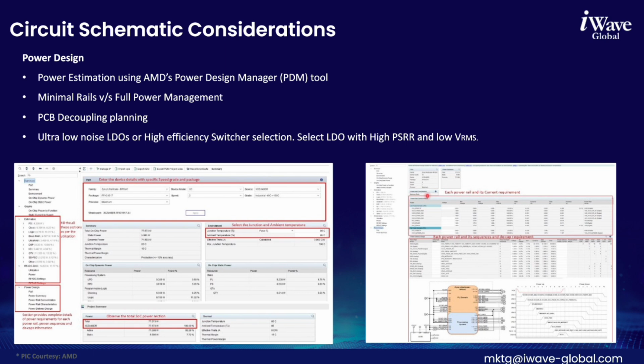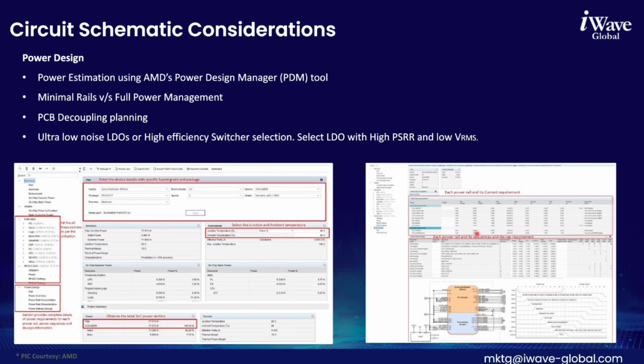Once we calculate the RFSoC power and add it to our board power, the next important step is selecting the VRMs, voltage regulator modules. For RF applications, selecting the VRM is very critical.